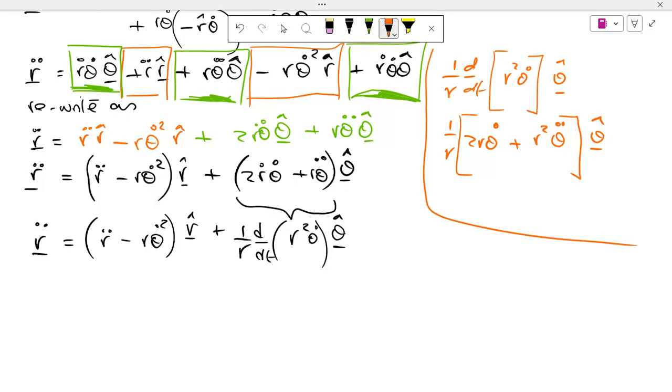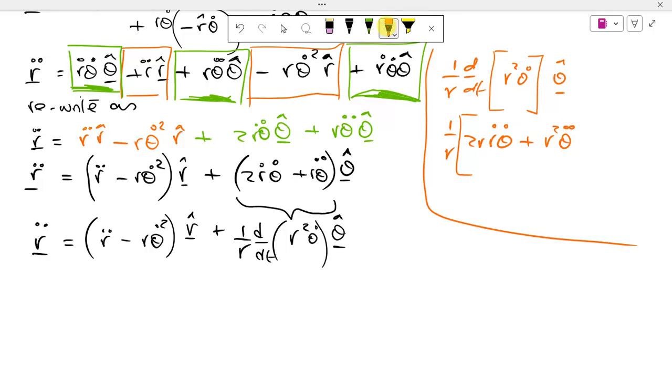I've made a mistake. So let's just go back a bit. Sorry about this. We'll start again with the differentiation via the product rule. We differentiate the r squared, leaving the theta dot alone. So we get 2r, and then we have to differentiate the r again, so it's r dot, and we'll leave the theta dot alone, plus r squared theta double dot.